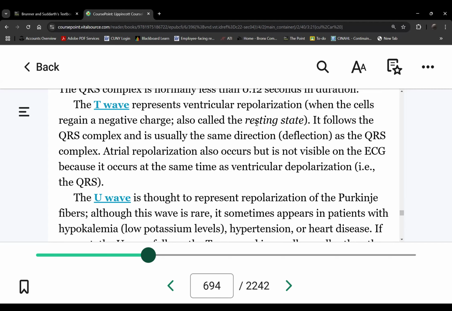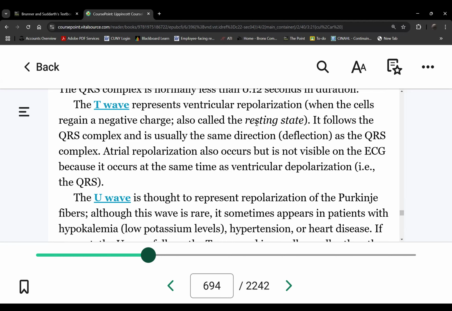No, it's resting, right? Okay, so as the cell becomes more and more positively charged, what will it do with all that energy? It will discharge it in the form of contraction. So that's depolarization. Repolarization is when it starts from a resting phase, which is negative, and then becomes more and more positively charged.